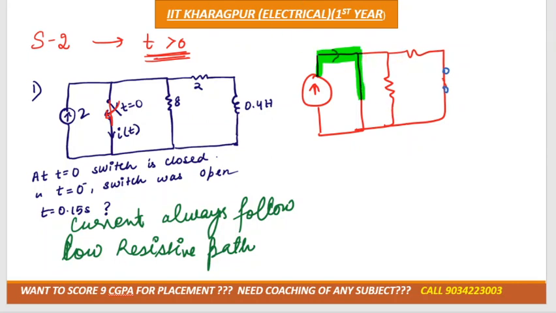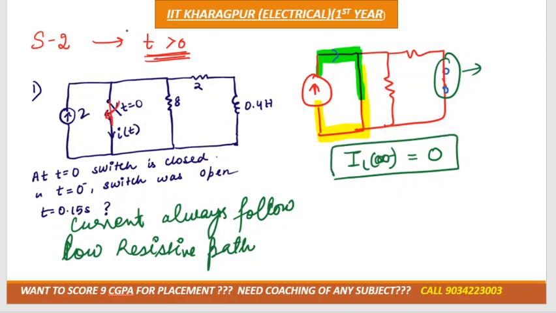So current will never follow the path where the resistance is there if it is having the option of a plain path. So current will move towards back. So in this case, will the current flow through the inductor? Yes or no? No. So IL of infinity, basically we can say, would be equal to 0, right?